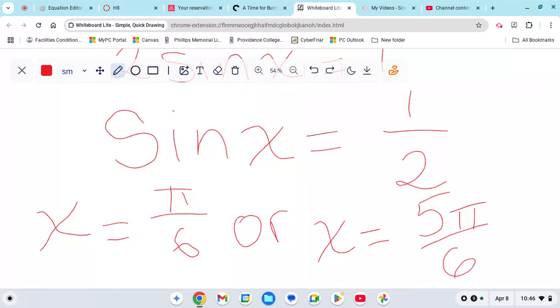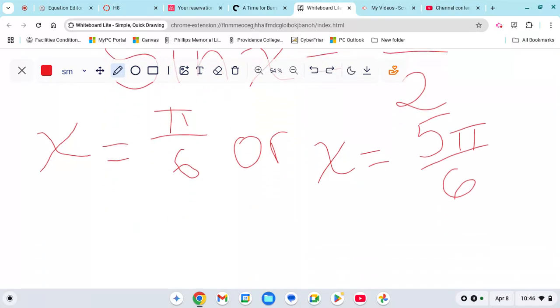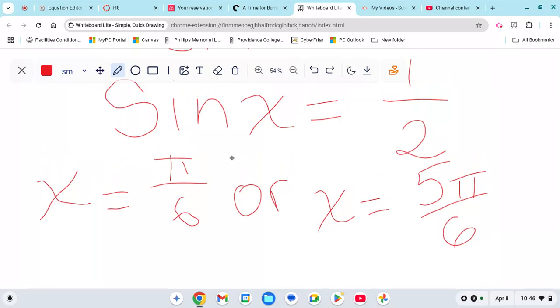Those are 2 possible answers using the first case scenario when the cosine cannot equal 0. All right, let's go on ahead and find out what happens in the second case that we're going to think about. I'm going to pause my video.